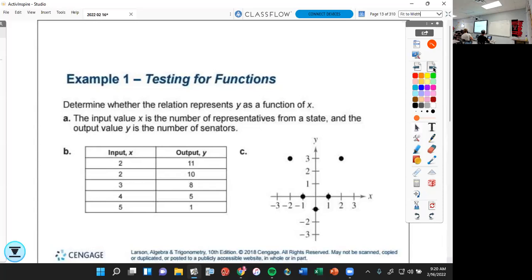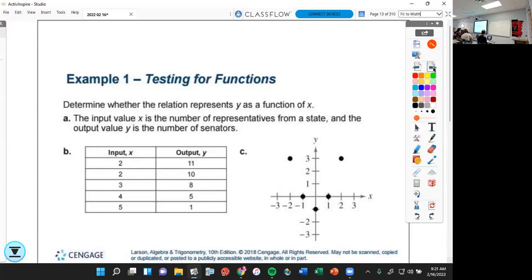No, there's two X's. You're not looking at the table. We're looking at just letter A. The input value x is the number of representatives from a state, and the output value y is the number of senators. Why do you say yes, it's a function?